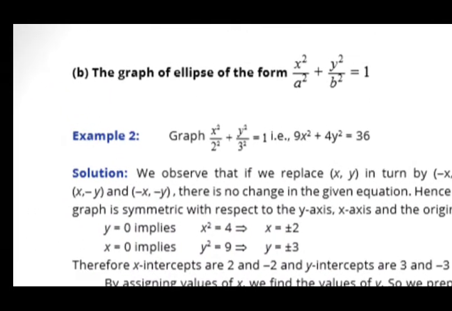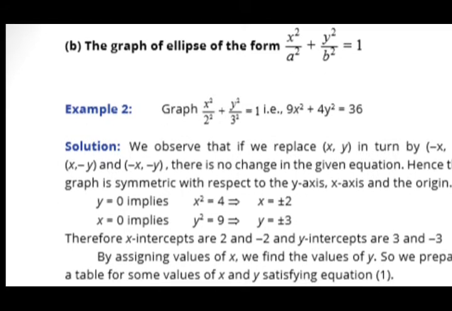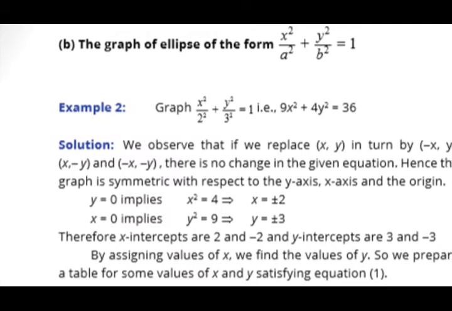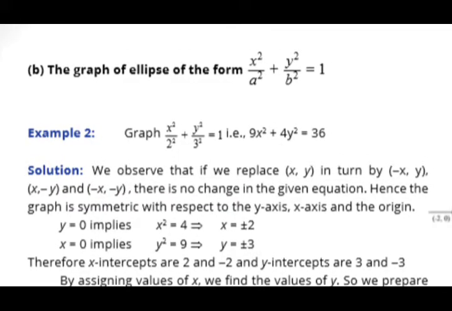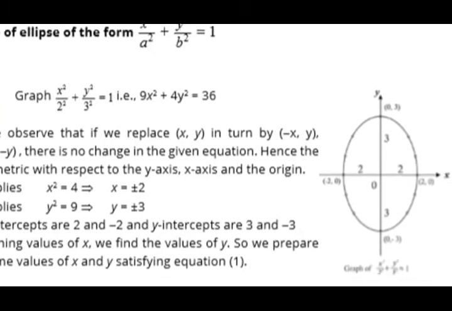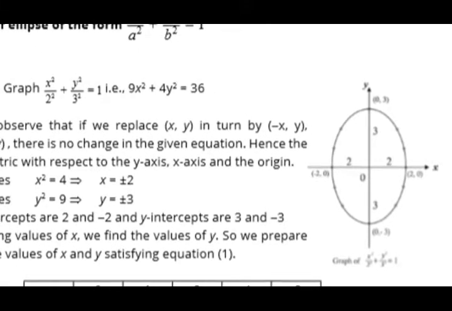Now here is another implicit equation, and this is an ellipse. Now in this equation we replace x and y by -x and y, or x and -y, or -x and -y. There is no change in the equation, therefore it is symmetric about the origin. Symmetric means its graph around the origin is the same.